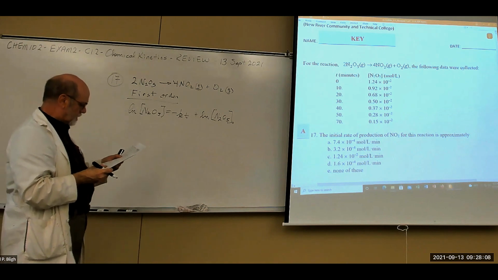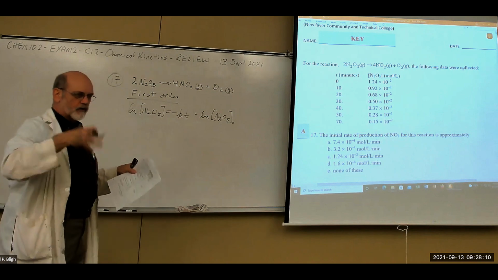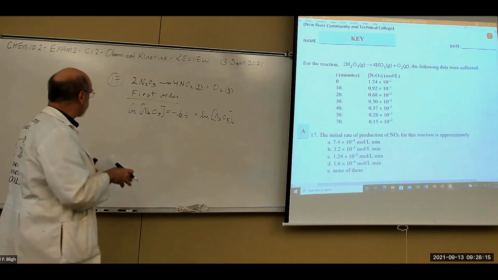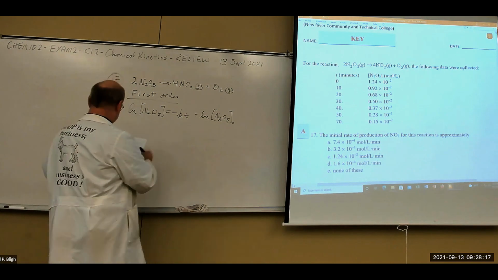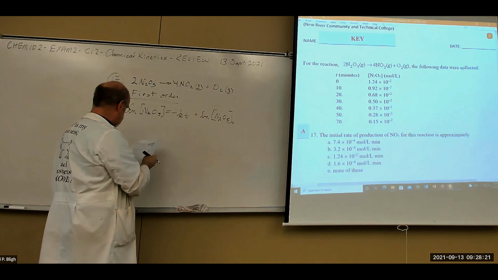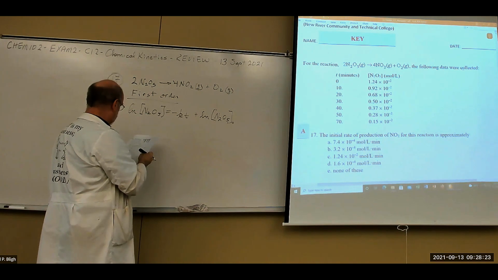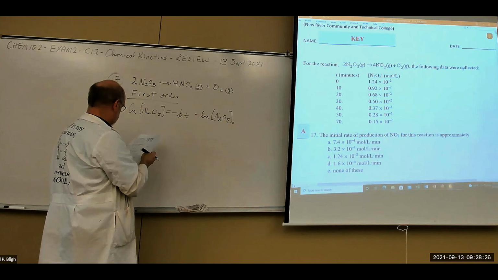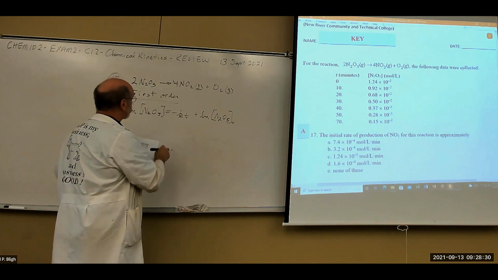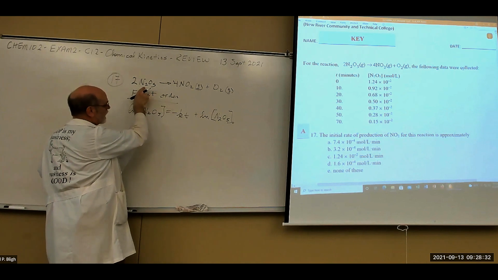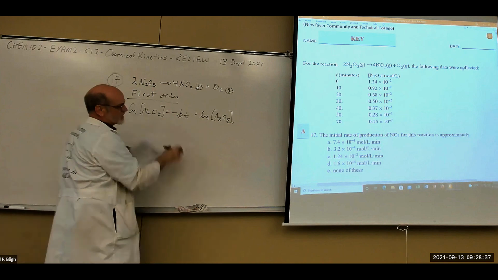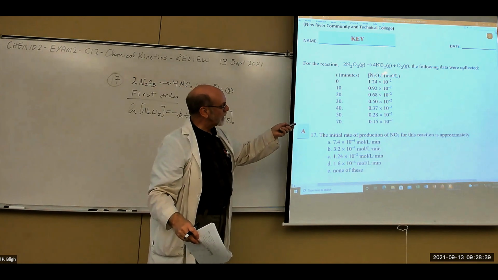So in order to determine the initial rate, we have to know the K, right? Because if we write the rate in terms of this. Actually, we do need this one first because the data is in terms of N2O5.